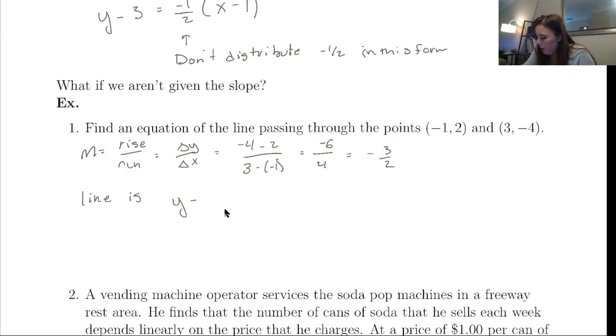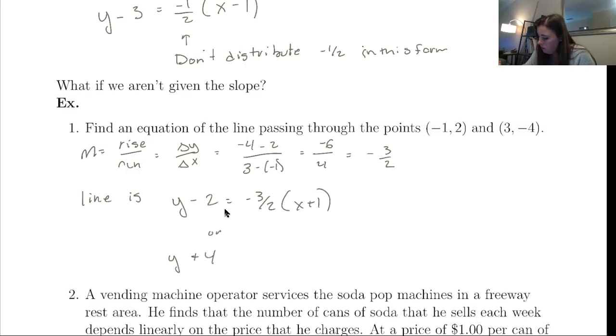So I can do y minus, let's say, 2 equal to -3 halves (x plus 1), right? Minus a negative. Or I can say y plus 4, right?